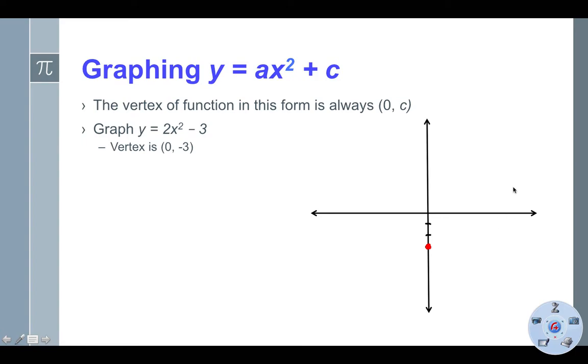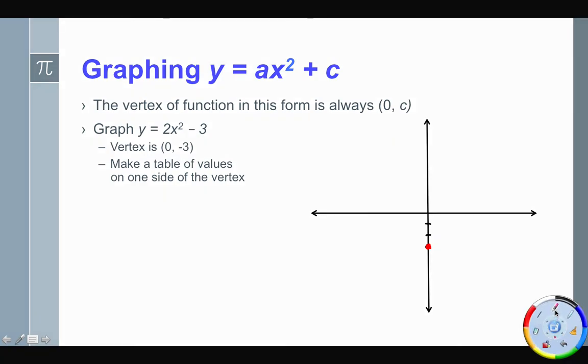From there, in these particular cases, what we need to do is make a table of values on one side of the vertex. So you'll recall that a parabola has a line of symmetry. So if we find values on the right side of the parabola, we can mirror those points to the left side of the parabola. So that's what we're going to do here.